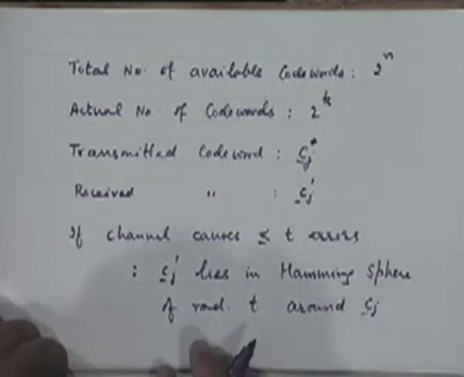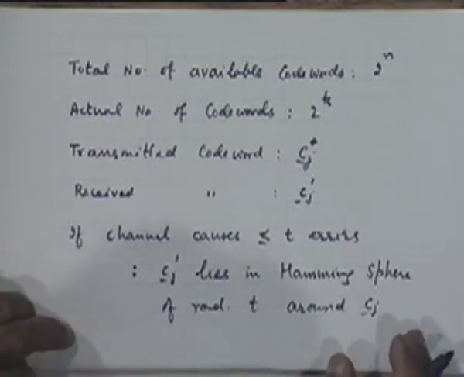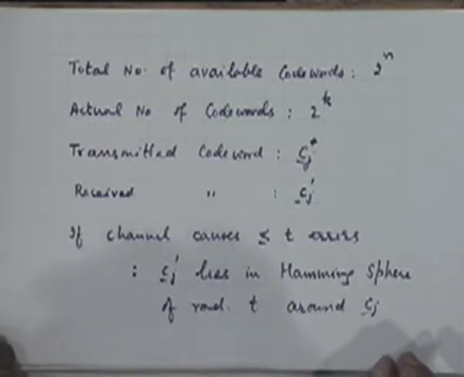And this also implies, as we have discussed earlier, that another vertex which we choose as a code word should also be far removed from this code word.